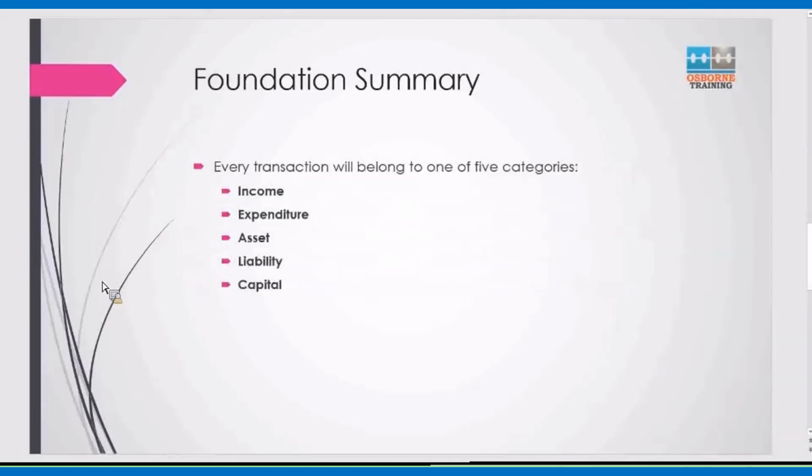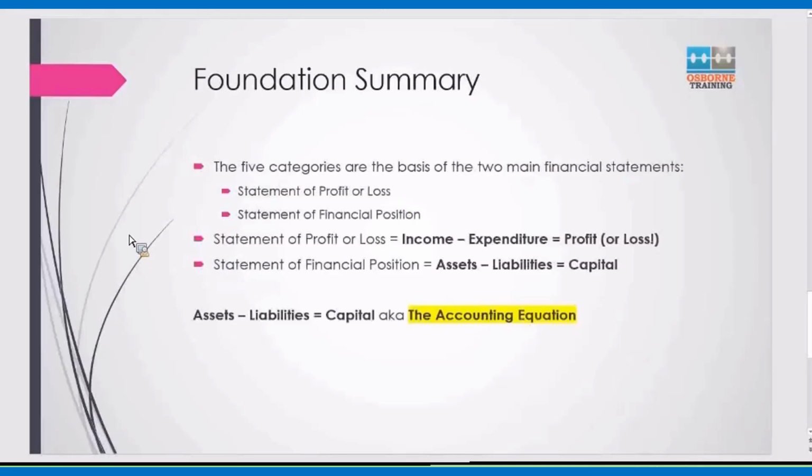Every transaction will belong to one of these 5 categories. Okay, income, expenditure, asset, liability or capital. Every transaction will be posted to one of these categories. The 5 categories then form the basis of our 2 main financial statements. Okay, so we've got our statement of profit or loss and our statement of financial position.